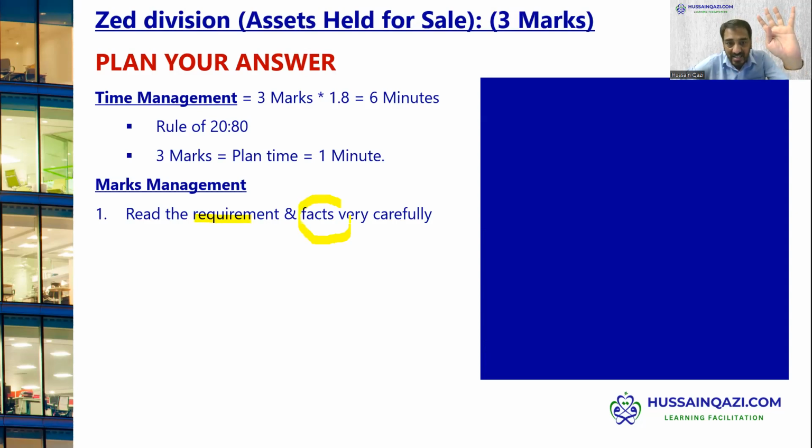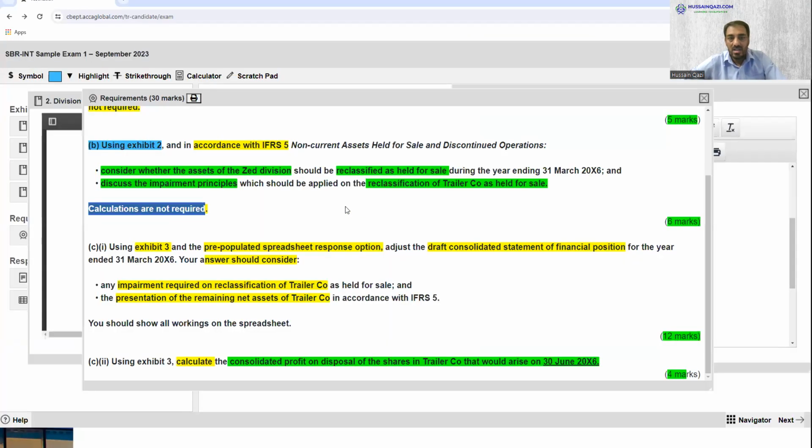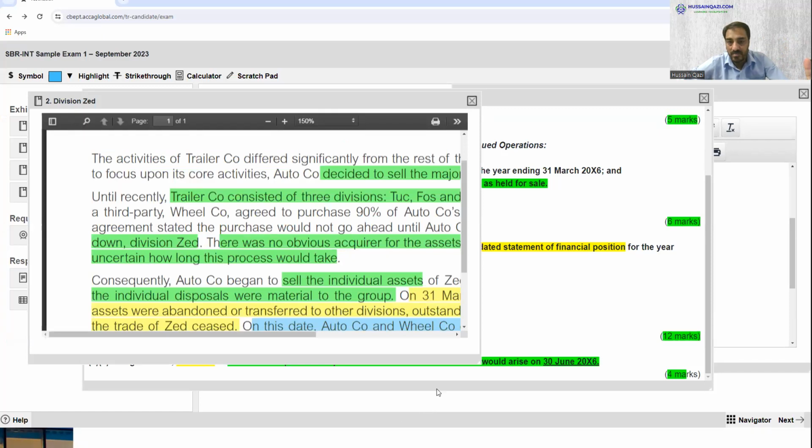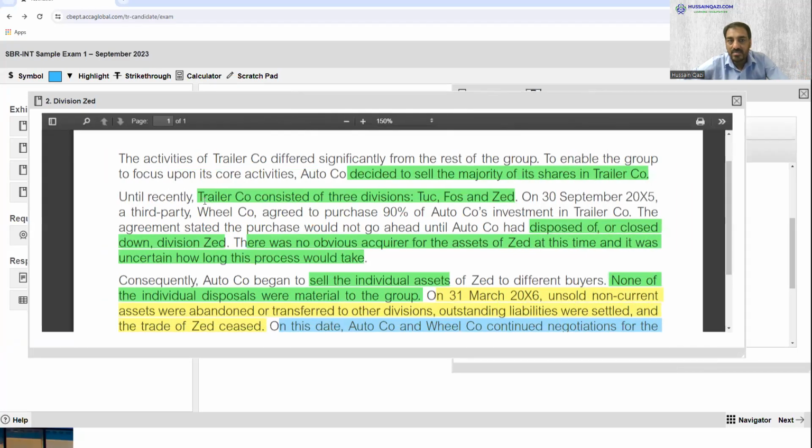And the facts inside the question we have read it. So I strongly suggest with this type of question, you need to recall the facts. Here is the reference of exhibit 2. So just quickly recall exhibit 2.